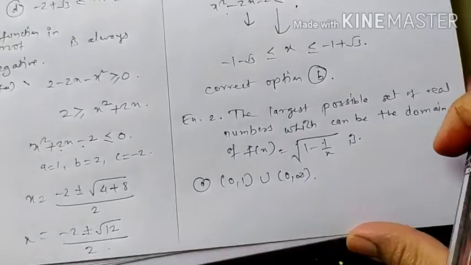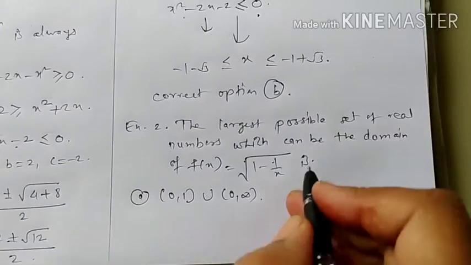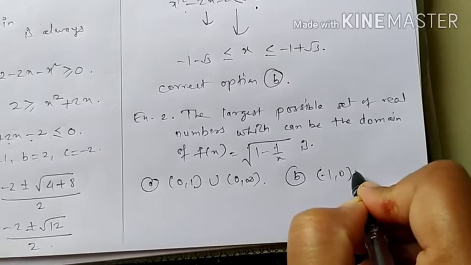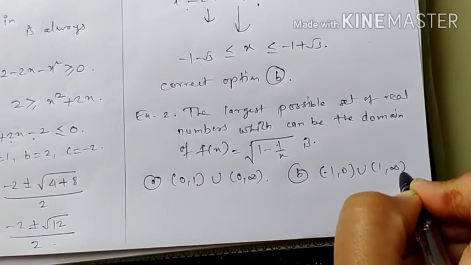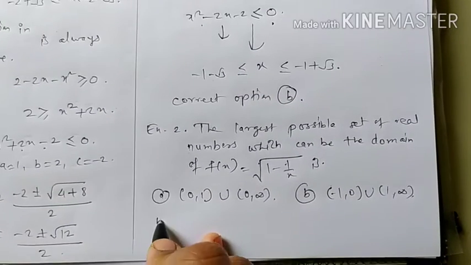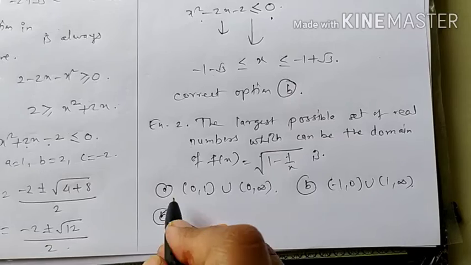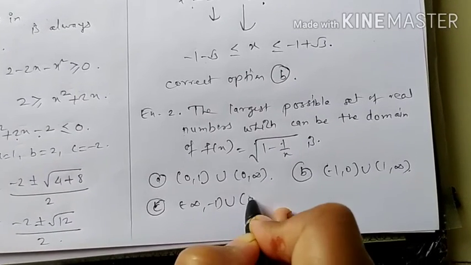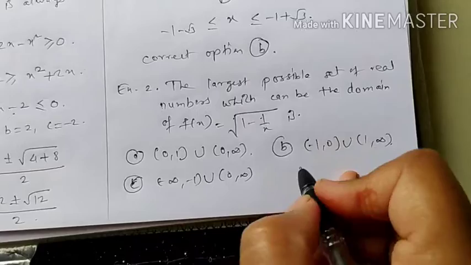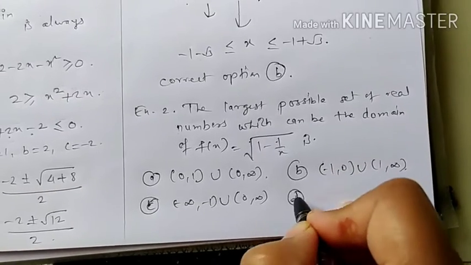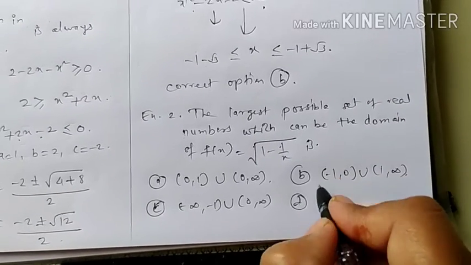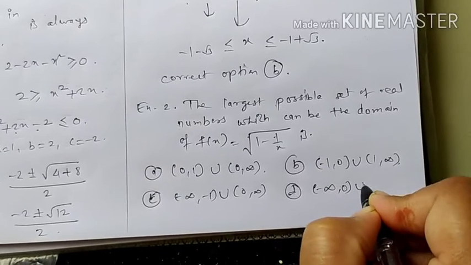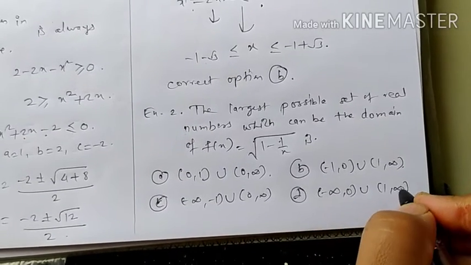Then the second one, option B: minus 1 to 0 open bracket union with 1 to infinity. Third option, C: minus infinity to minus 1 union with 0 to infinity. Then option D: minus infinity to 0 union with 1 to infinity.